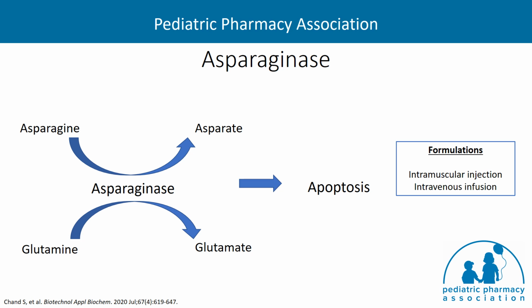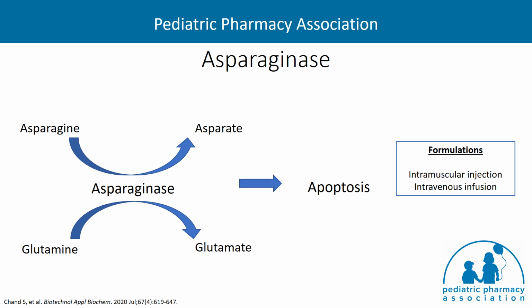The next component to pediatric AML therapy that we will discuss today is asparaginase therapy. We'll quickly discuss the global mechanism of the drug and then in subsequent slides talk about how that really plays a role in pediatric AML treatment.